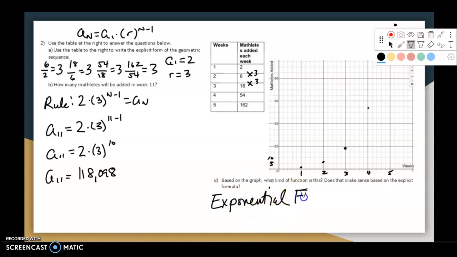This is an exponential function. And that should make sense because the formula has an exponent in it, r to the n minus 1. So that makes this exponential. And that's what we're going to be talking about later on in this chapter, exponential functions.